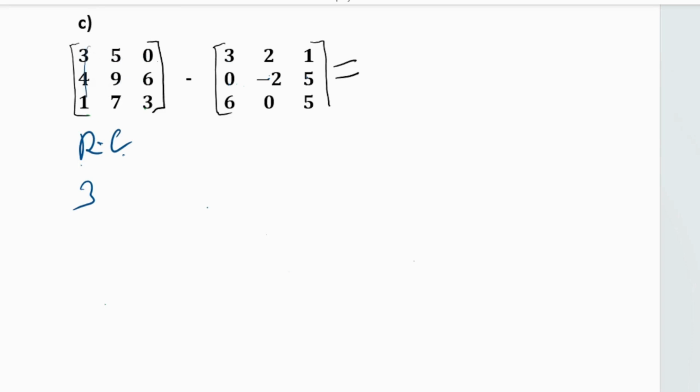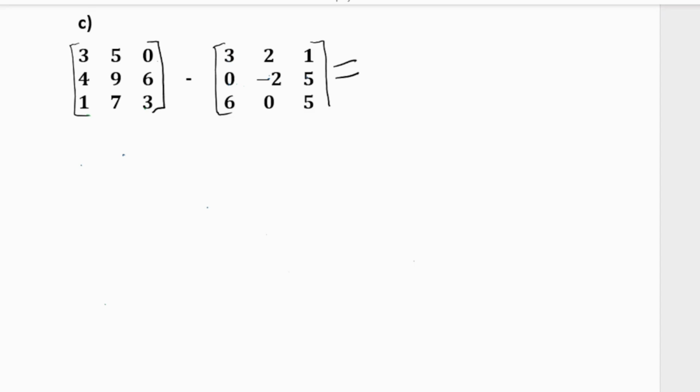How many columns? 1, 2, 3. Therefore, 3 by 3. The same here, 3 rows and 3 columns. And therefore, the matrices are of the same order and hence compatible, so we can move on and subtract them.